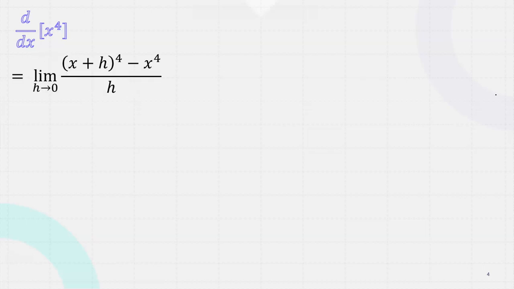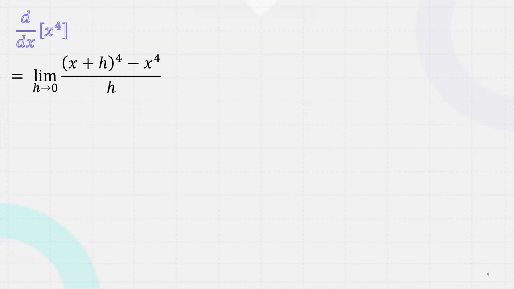By definition, it would be the limit as h approaches 0 of f of x plus h minus f of x, all divided by h, right? So that would be x plus h to the fourth power minus x to the fourth power over h.